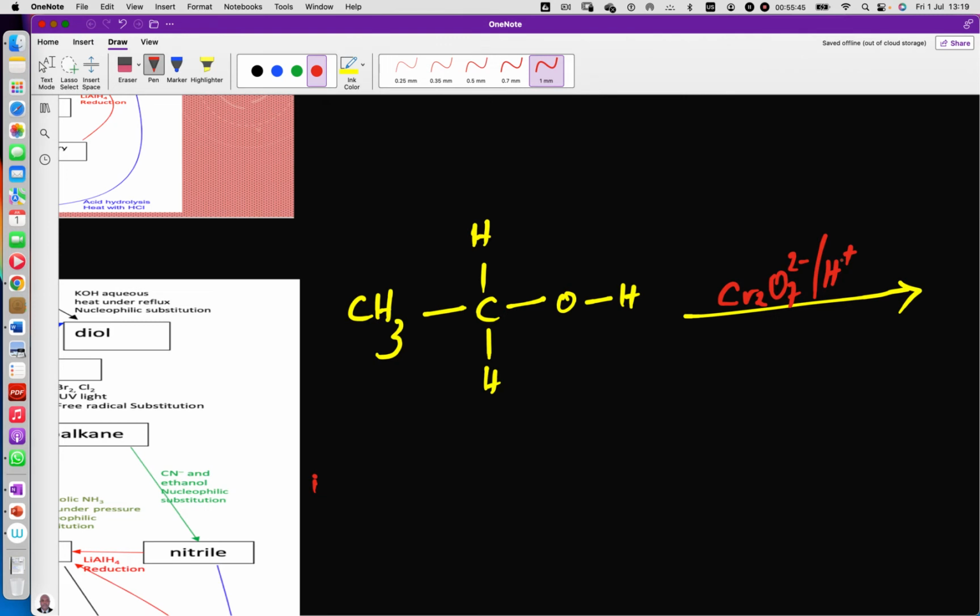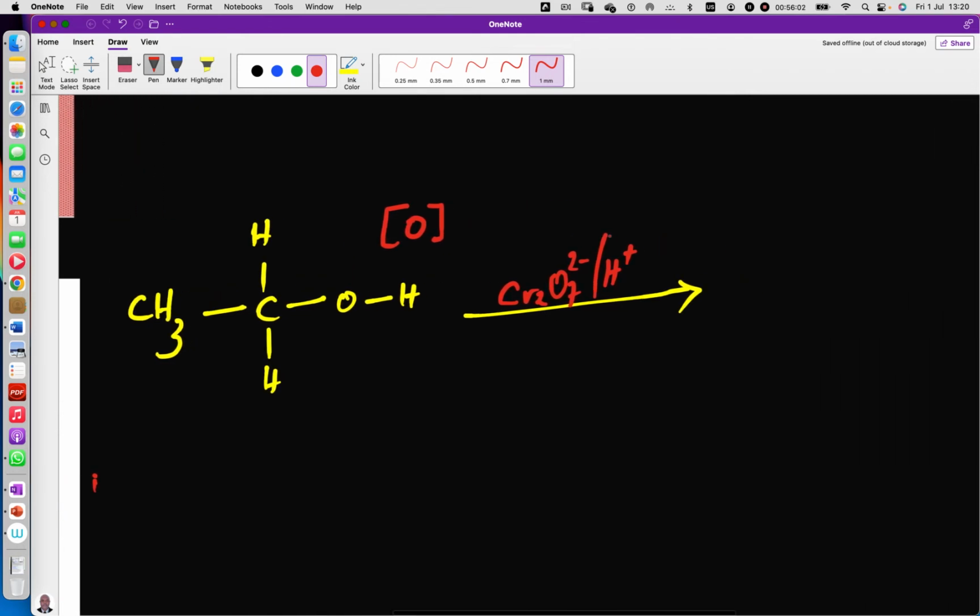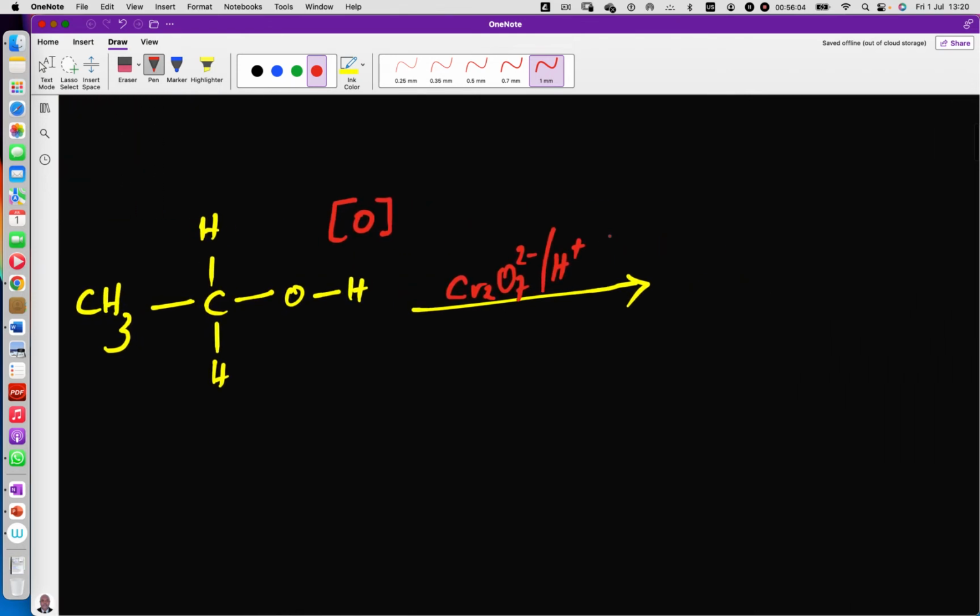This is acidified potassium dichromate, and we need oxidation, and this is a symbol for oxidation. Now, what will be the product? This will be our product. Our product will be this one.